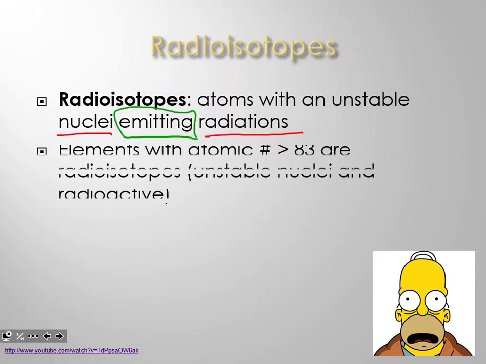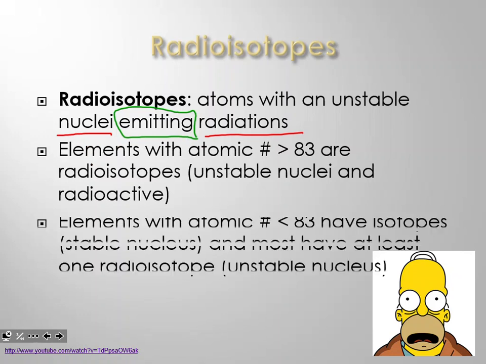Now before we continue going through lots of the notes here, we're going to get a little bit of overall background about nuclear chemistry and the uses of it, and kind of understand the pros and cons. Elements with atomic number greater than 83 are radioisotopes, unstable nuclei, and they are considered to be radioactive.